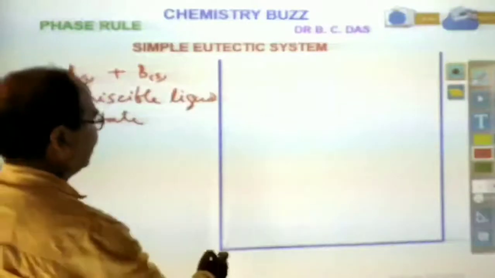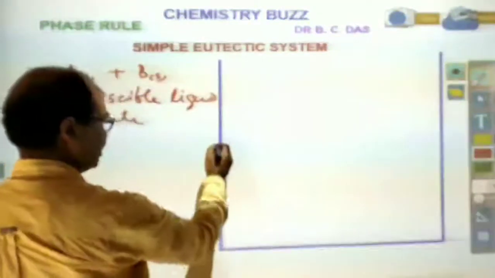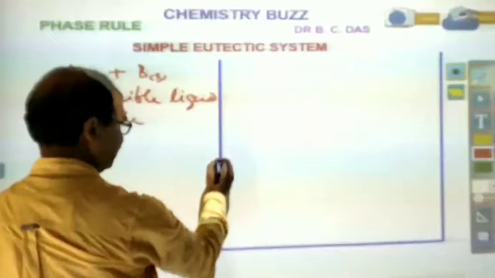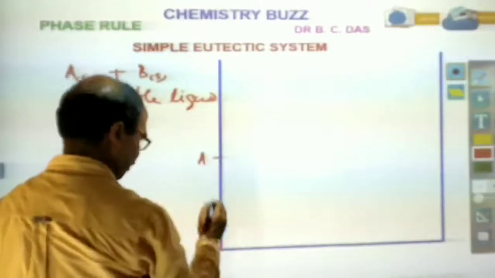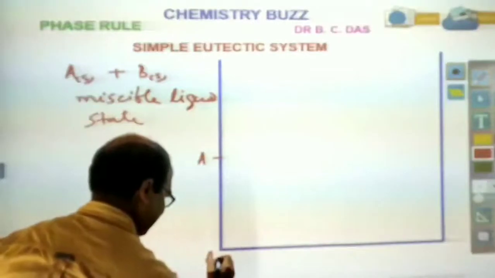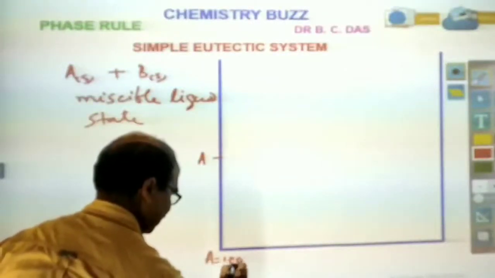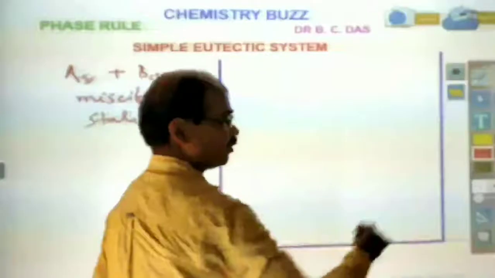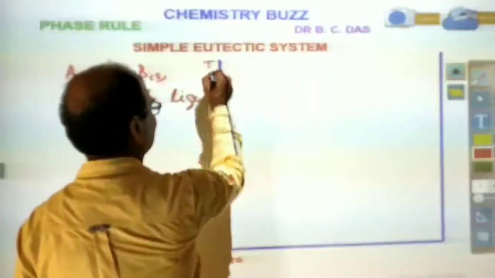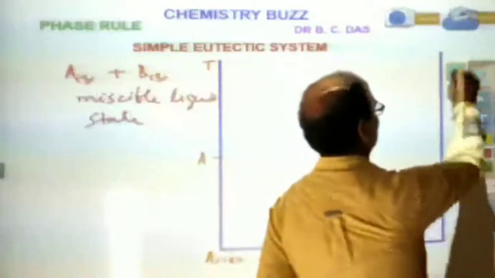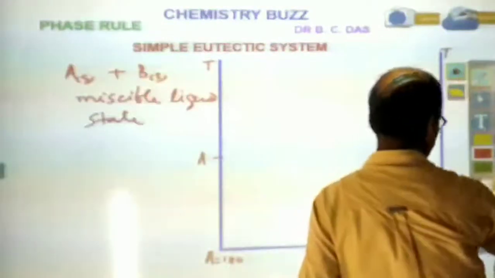So this is the y-axis, the temperature axis. Say this is the melting point of pure A, when A is equal to 100%. So in the x-axis we are plotting the concentration, and the y-axis is the temperature. So the graph is like this.